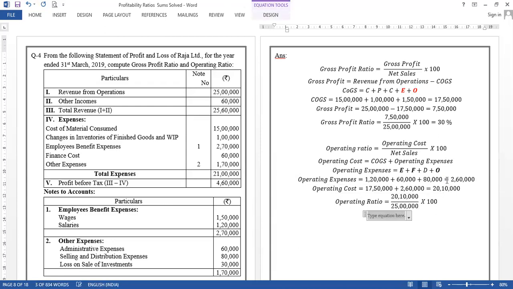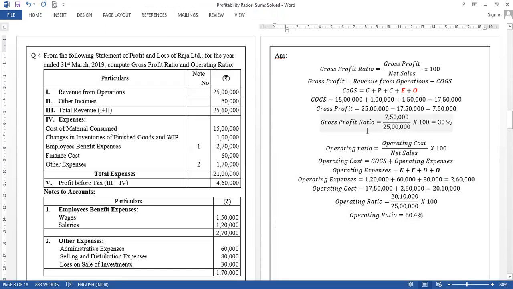So let us calculate this and write the final answer. Operating ratio is equal to 20 lakhs 10,000 divided by 25 lakhs. How much is the percentage? 80.4%. 80.4% is the final answer. Correct?